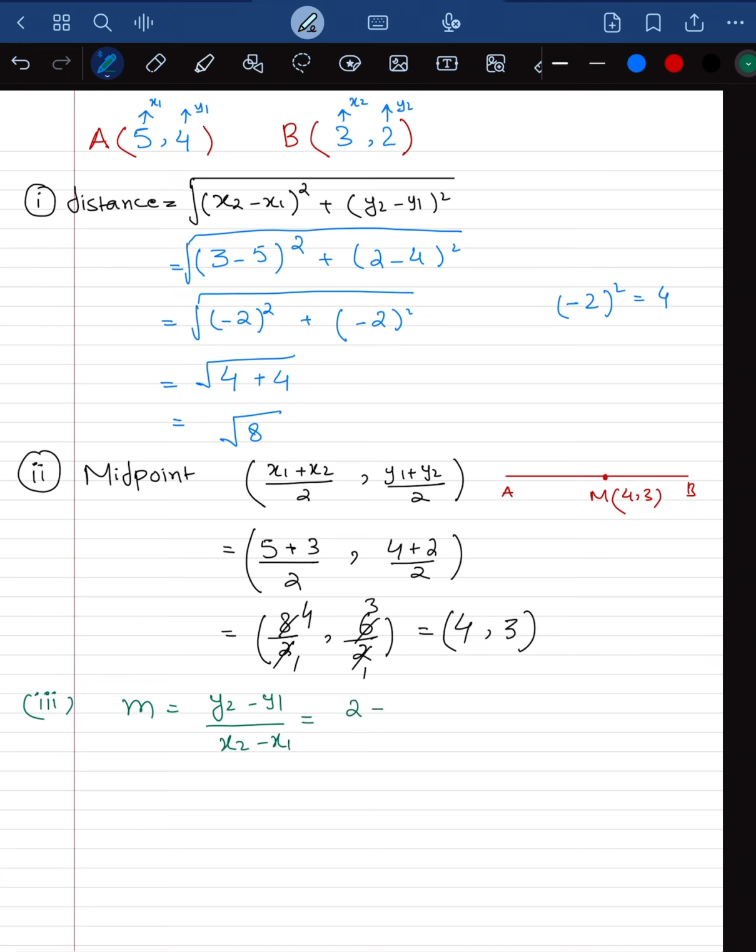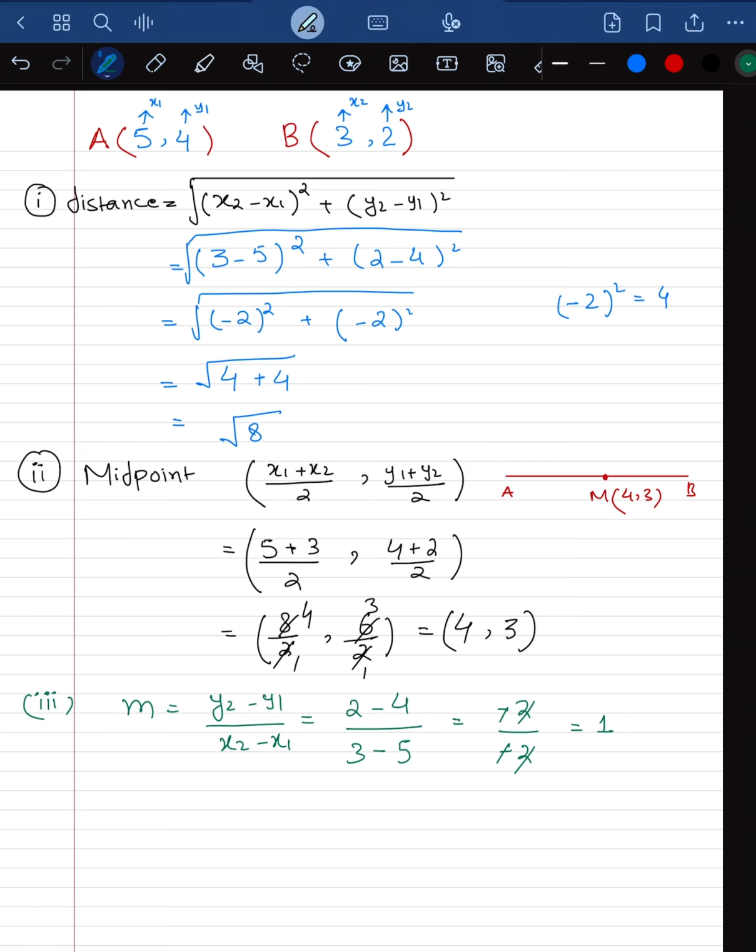Y2 is 2, y1 is 4 and x2 is 3 and x1 is 5. So 2 minus 4 is minus 2 and 3 minus 5 is minus 2. So this minus and this minus cancel, 2 1s are 2, so the slope is equal to 1. Okay, so we have calculated the distance, we have calculated the midpoint, we have also found the gradient or the slope.